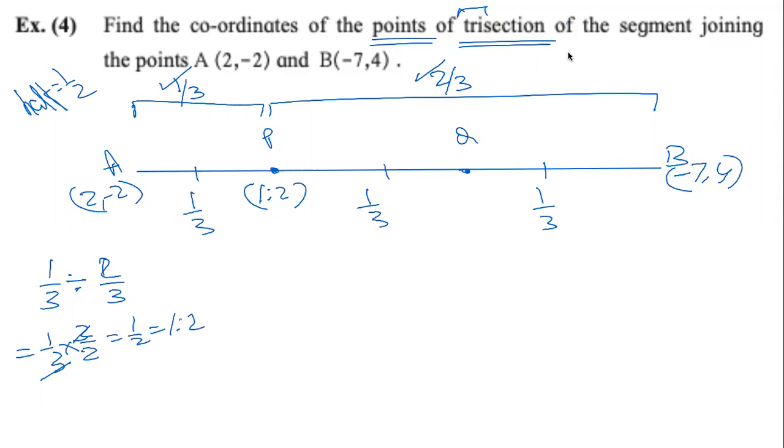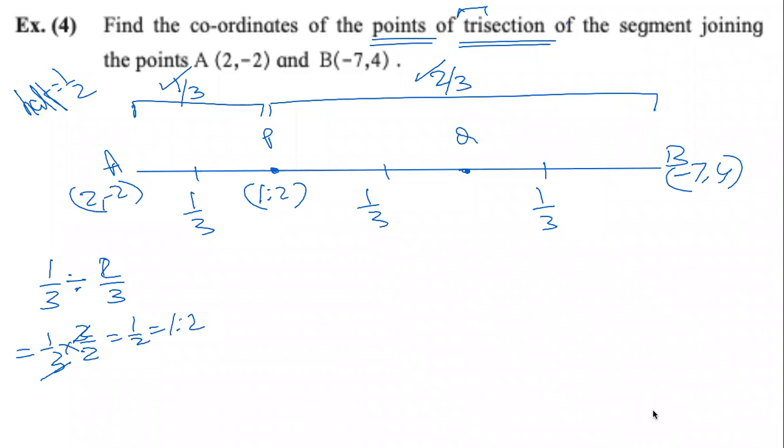We have x2, y2 as the coordinates of point B, which are (-7, 4). And our m is 1 and our n is 2. Can we not use the section formula and find the coordinates of P?